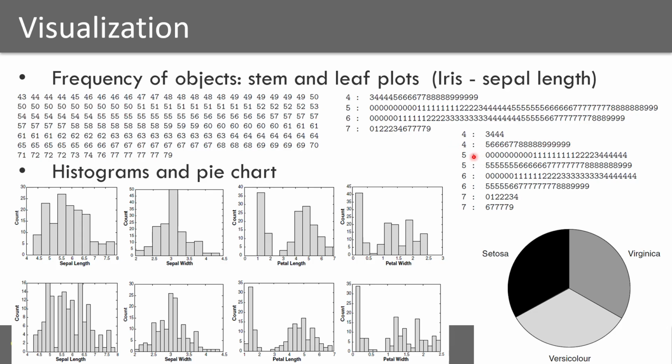And then we have 50 to 54 and 55 to 59, and then 60 to 64, and 65 to 69. And we can see that the row of 60 to 64 seems to have the most elements.